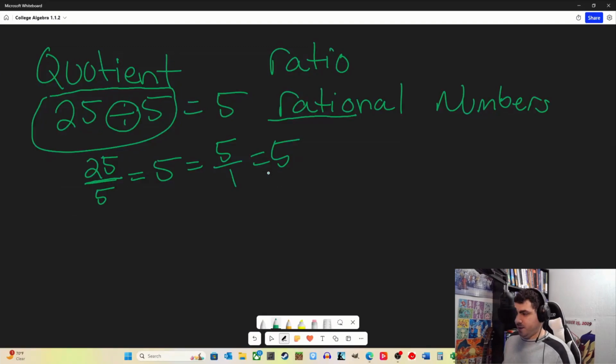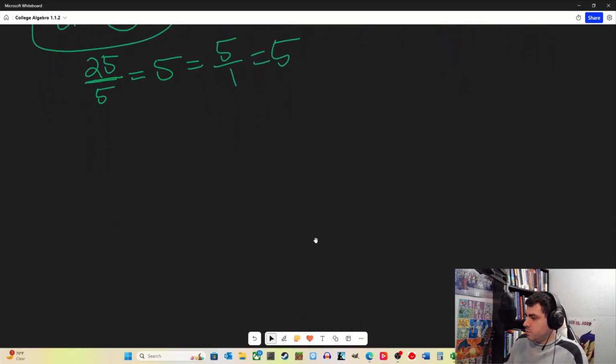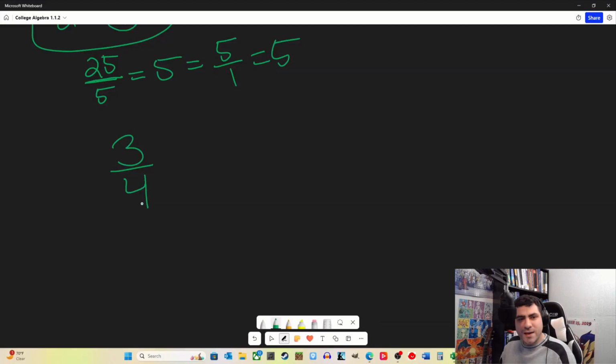One other thing about rational numbers. Let's pick two numbers that don't divide into each other. One such example would be 3 divided by 4. 3 divided by 4 does not divide.